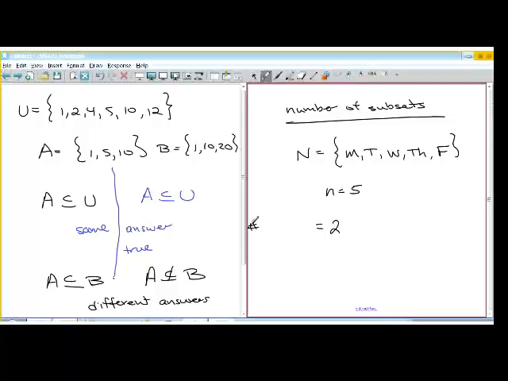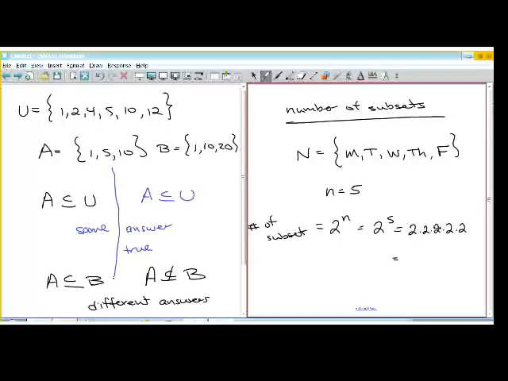So 5. So you say, oh yeah, that formula. The formula says the number of subsets is 2 to the n. So it's always 2, and n is whatever the number of elements in the set. So you do 2 to the 5th power, and hopefully your calculator has the exponential function. If not, you can just remember that 2 to the 5th is 2 times itself this many times.